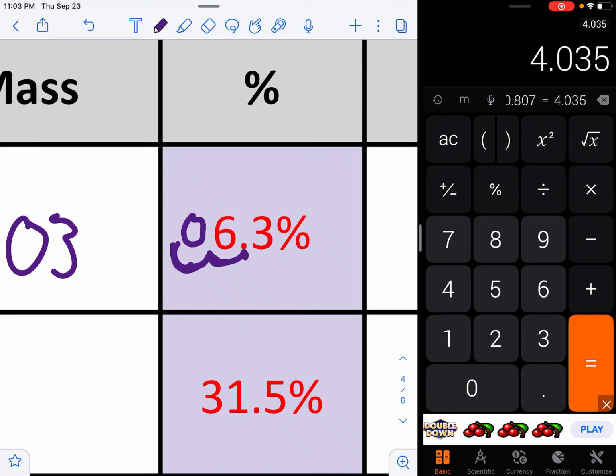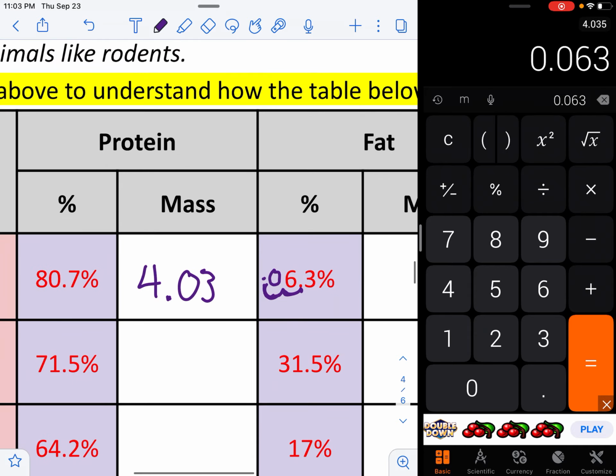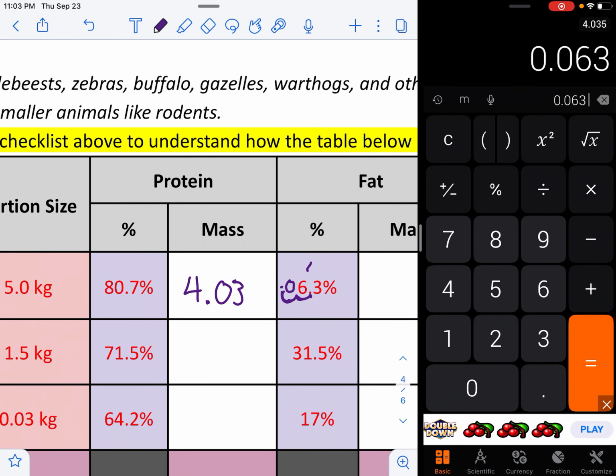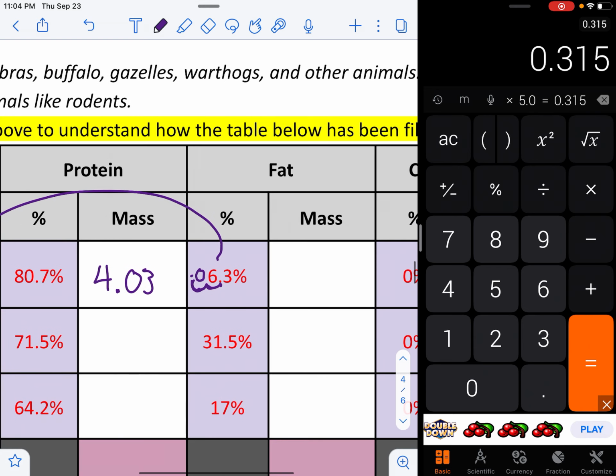So now my decimal of 6.3% is actually 0.063. And I multiply this value by the portion size, which is 5.0. And this represents the mass of fat in this deer sample.